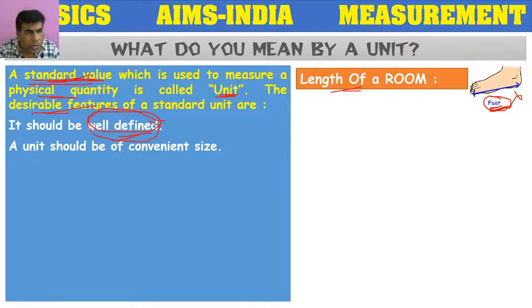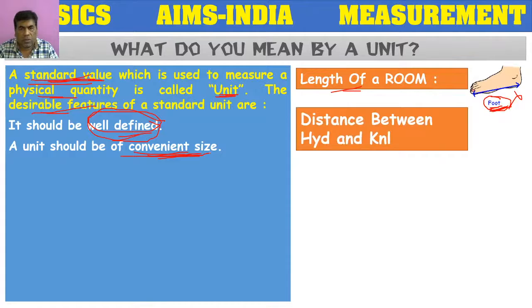Next, a unit should be of convenient size. Suppose I want to measure the distance between Hyderabad and Kurnool. What happens with the hand span? Do you know the meaning of hand span?